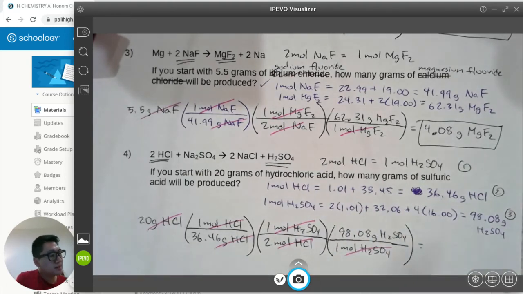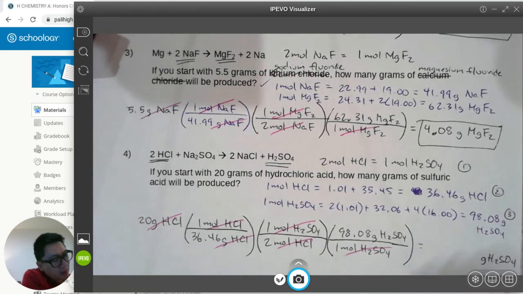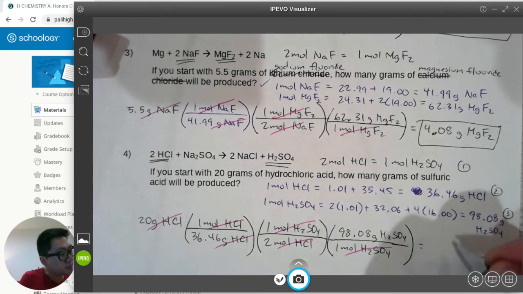The only thing left is grams of H2SO4. It would be 20 times 98.08 divided by 36.46 and 2. So I type that in my calculator: 20 divided by 36.46 divided by 2 times 98.08. And on my calculator, I got 26.9.